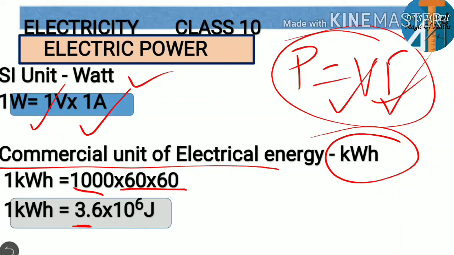So what is the value of 1 kilowatt hour? 3.6 into 10 to the power of 6 joule. It is very simple to remember: 36, take 3.6 into 10 to the power of 6 joules. So 1 kilowatt hour is equal to 3.6 into 10 to the power of 6 joule.